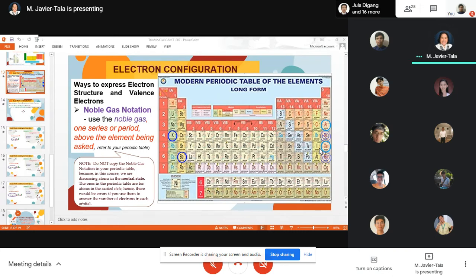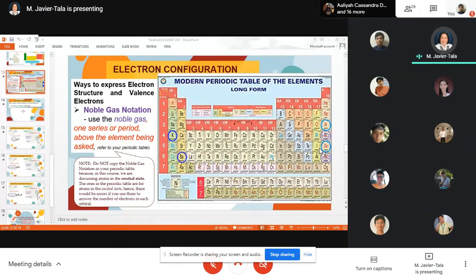Also, if you will look at your periodic table, there is already a noble gas notation within each element. But you are not going to follow that because the noble gas notation within each element does not follow the electron distribution mnemonic.